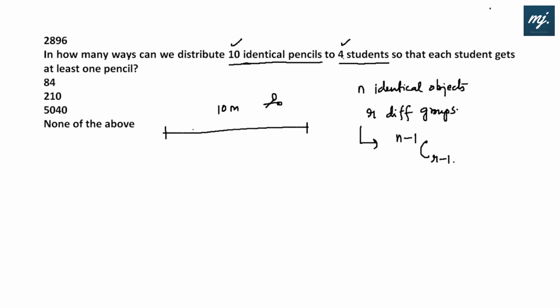Then where and how many cuts should I put on this cloth so that I can get 4 parts? Not necessarily equal parts. All parts should be of integral length. It cannot be in centimeters. All should be in meters, integral.